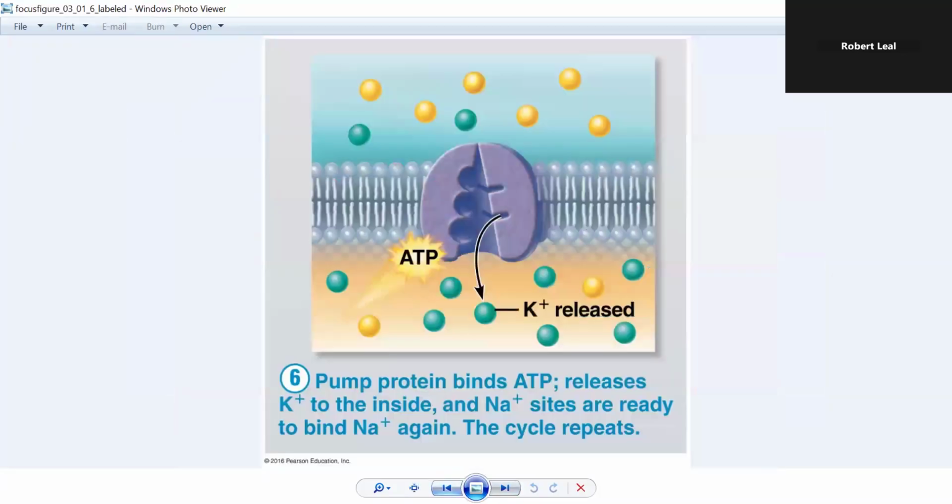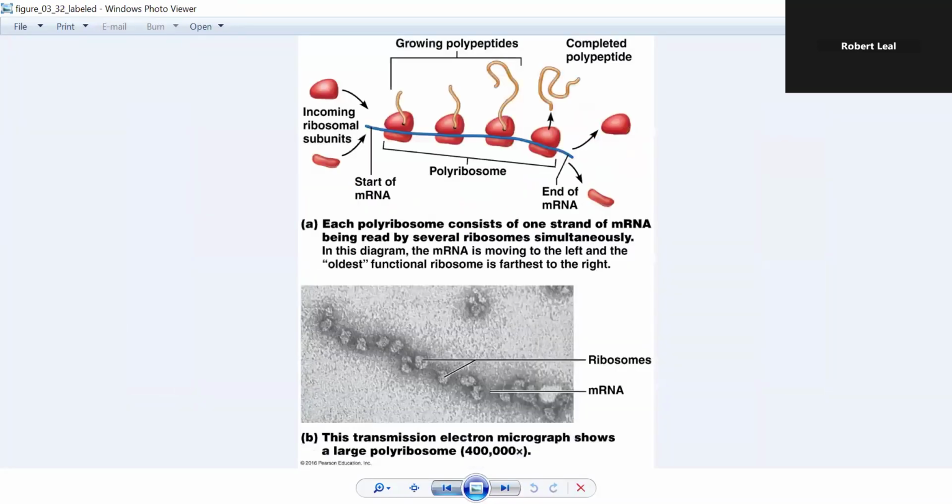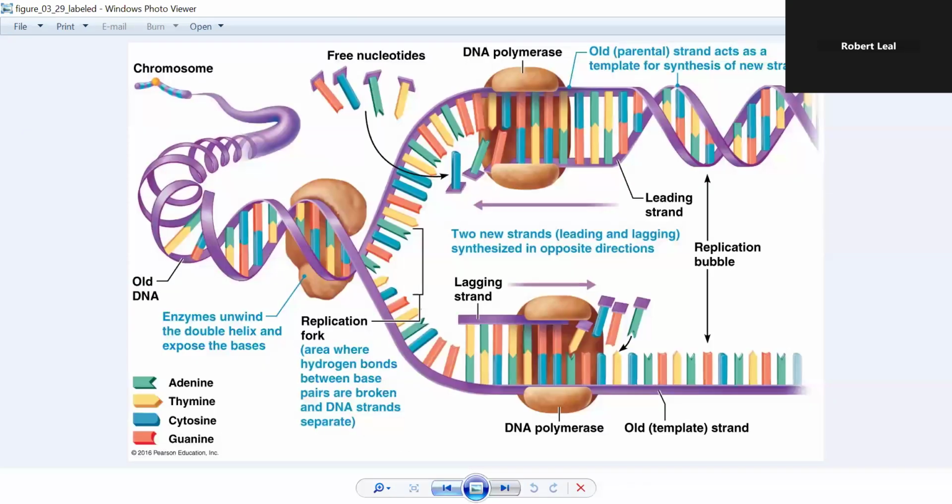All right, let's jump back to some of these slides that we kind of missed out on. Okay, so here you're looking at the DNA inside the cell. When DNA is copied, what typically occurs is you're going to have an enzyme.